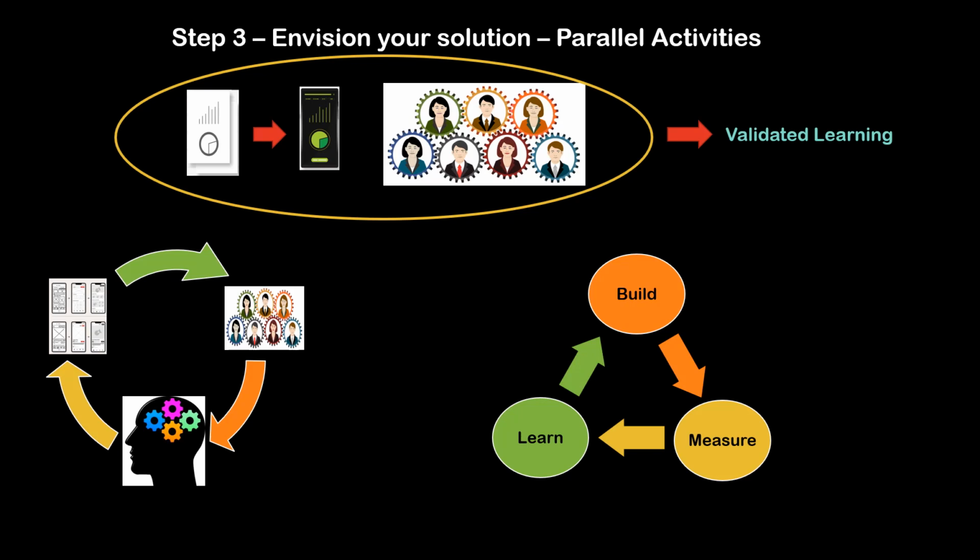In the build stage, we build minimal prototypes, just enough to validate our assumption. We must do this quickly and minimally. It could be as simple as a paper prototype or a short video, etc., which could just take a few hours to develop.